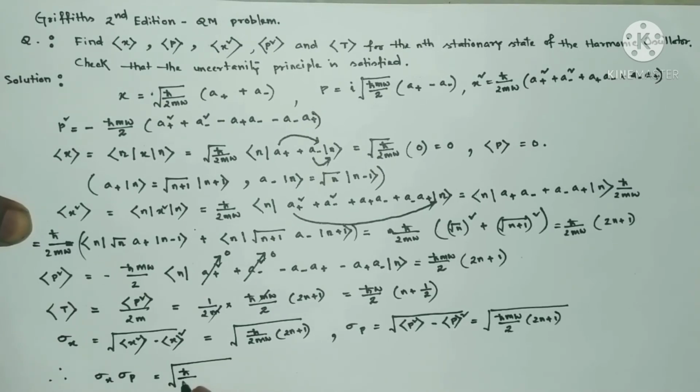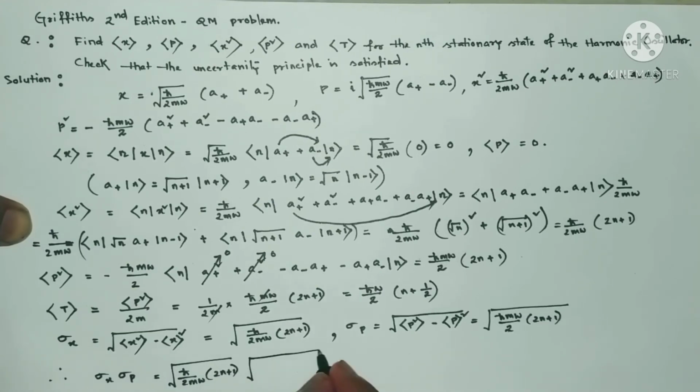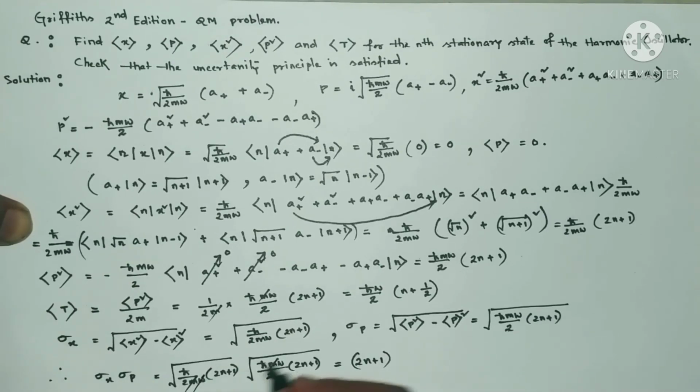So now, sigma x times sigma p is the square root of h cross by 2 m omega times (2n plus 1), multiplied by h cross m omega by 2 times (2n plus 1). So we will be left with 2n plus 1, and under the root we can cancel m and m as well as omega.